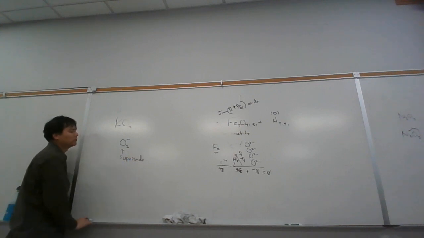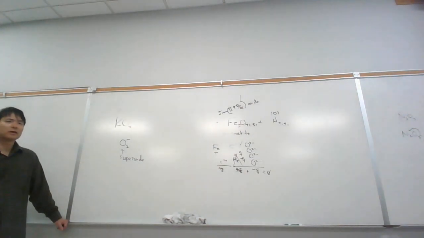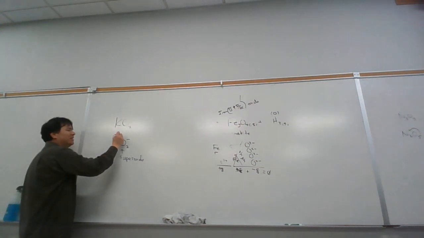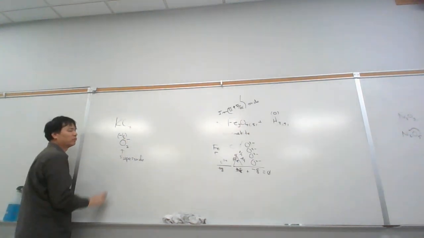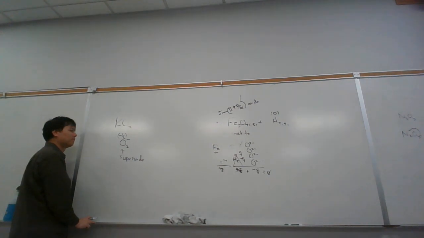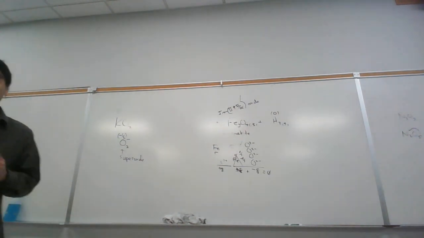What's the oxidation state? Superoxide. Yeah, negative 1/2. Each oxygen must be negative 1/2 to add up to a total charge of negative 1. And so it's likely that one of the oxygens is 0, the other is negative 1.